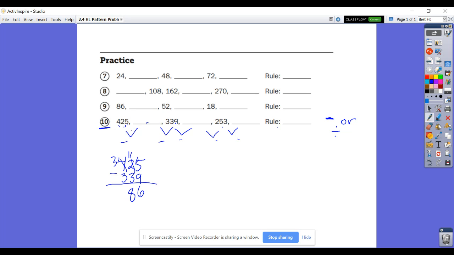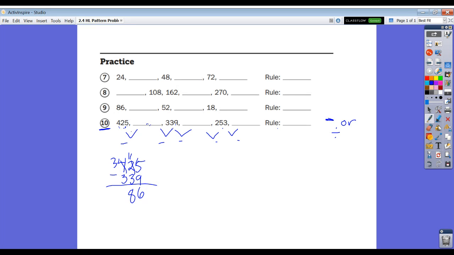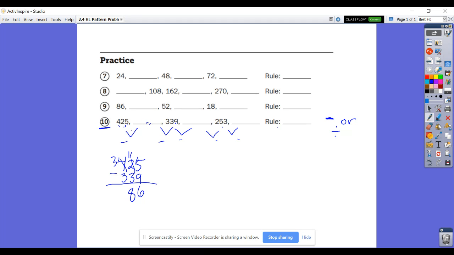So this number in between is going to be less than that. Well, let's see, we want it to jump evenly between all the numbers. So what I'm going to do is split 86 in half. Now you might be saying, oh, that's a big division problem, but you can do this. Let's just break it apart.